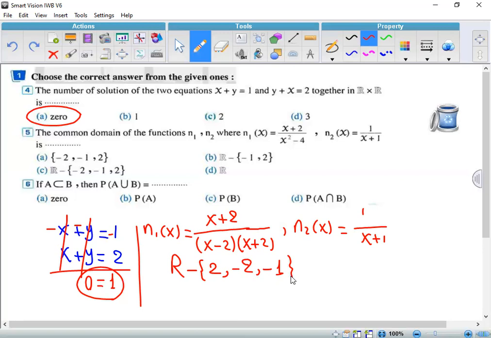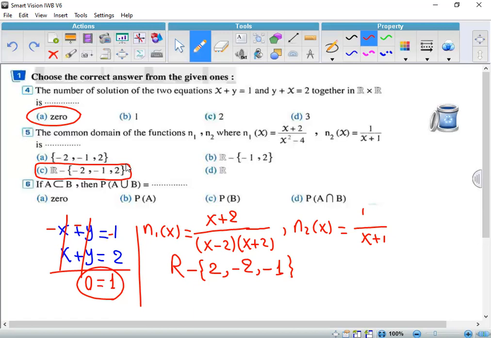The right is number C. Contain R difference negative 2, negative 1, and 2. This is the right solution of this problem.